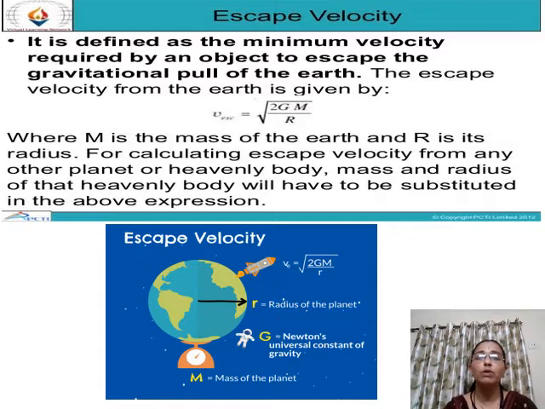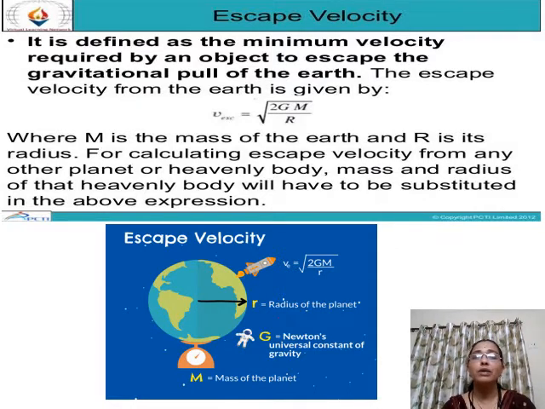When you throw any object upward, its velocity decreases because of the gravitation of the earth, and the velocity becomes 0 after reaching a particular height. Then the object comes down because of the acceleration due to gravity of the earth.